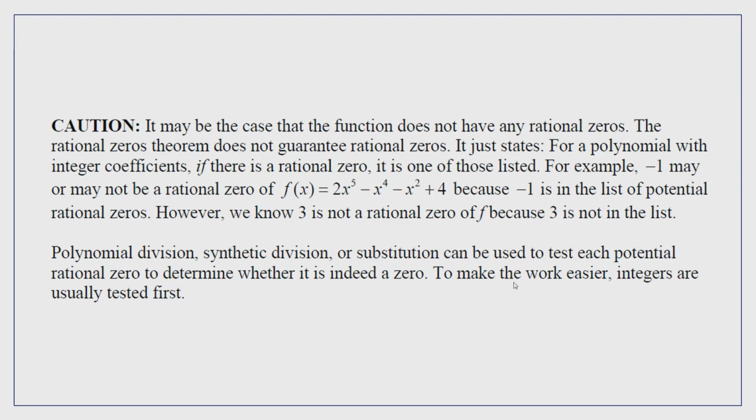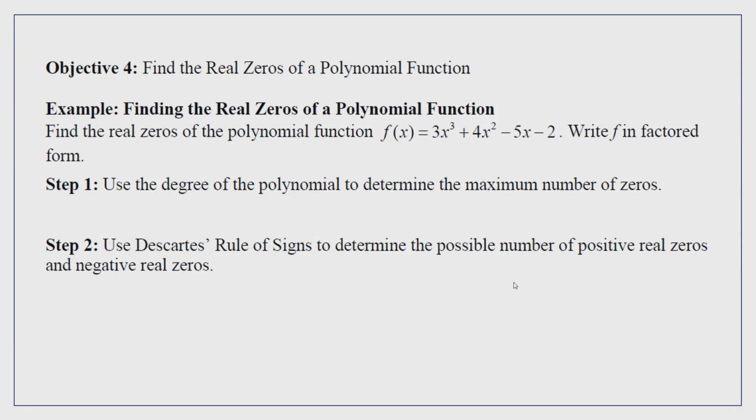Polynomial division, synthetic division, or substitution can be used to test each potential rational zero to determine whether it is indeed a zero. To make the work easier, integers are usually tested first, and then you test the rational or fraction zeros. So in objective 4, we're going to now find the real zeros of a polynomial function.